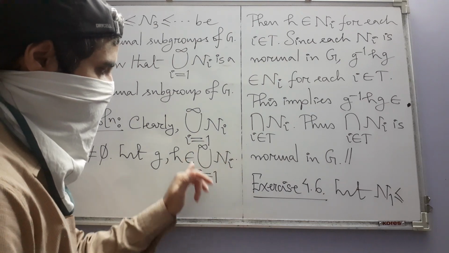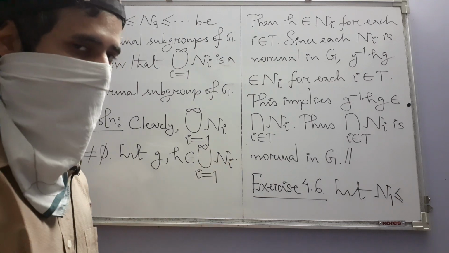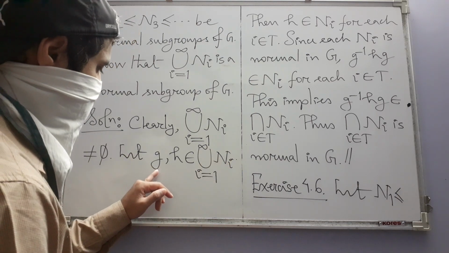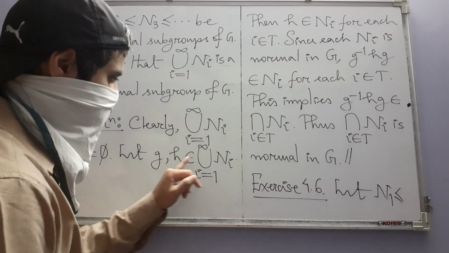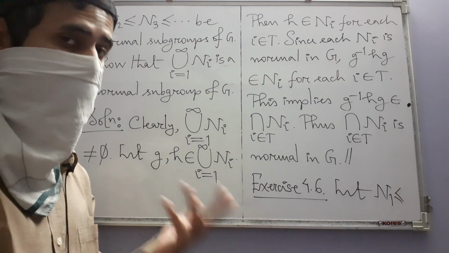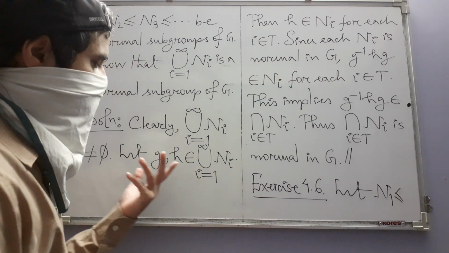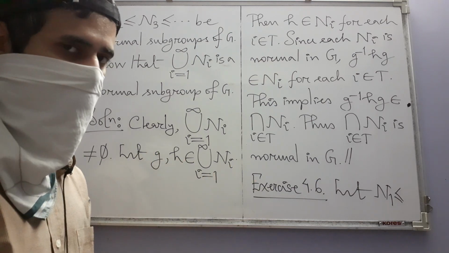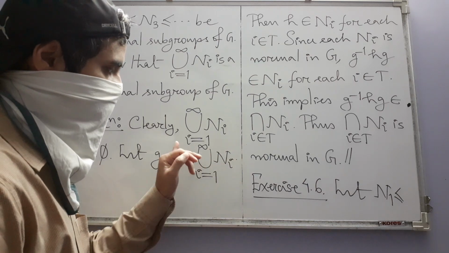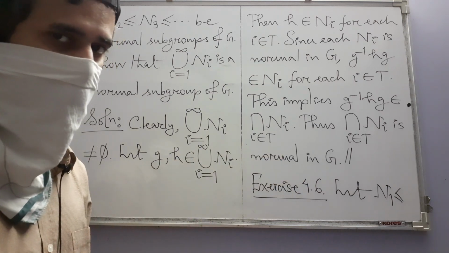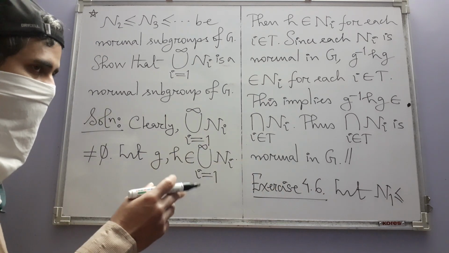Forget for a moment that we are looking at a union of subgroups. Just treat these things as sets. Consider this first element G. G is an element in this union means what? G belongs to at least one Ni. G may belong to multiple Ni's, but we need at least one. There is at least one set among these Ni's in which G is an element. Like that, H also belongs to some Ni, maybe for a different index.